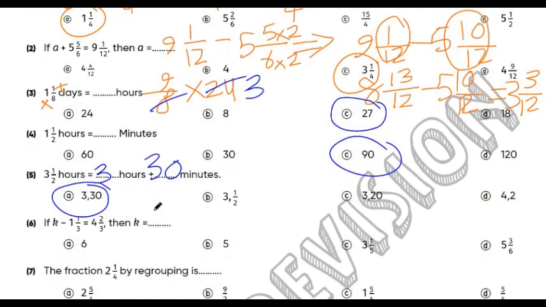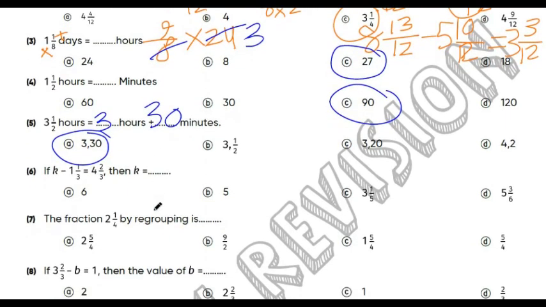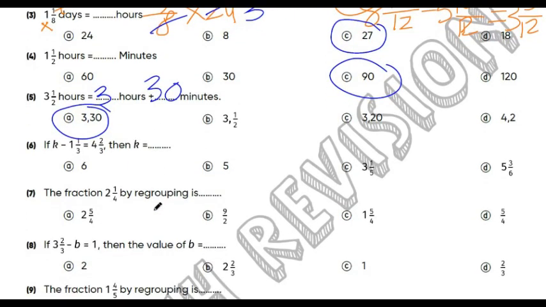The next one, k minus 1 and 1 over 3 equals 4. When we have a subtraction equation or division equation, the first number is always at the top. So in a part-whole or the magic triangle, we will write k at the top because it is the first number.